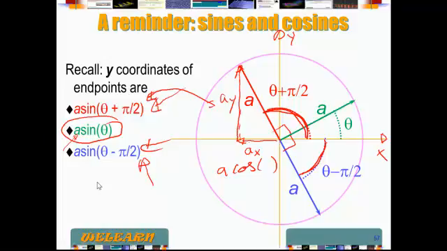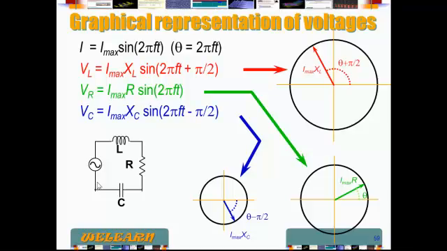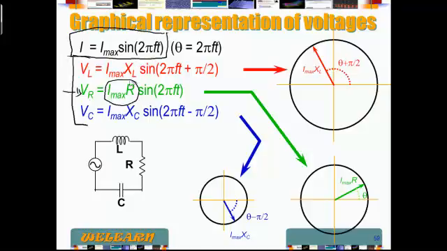Now, why did we have this review? That's because of the quantities that we use for RLC circuits. Consider these three voltages. The voltage across the resistance, which is in phase with the current, is given by VR max, which is R times I max, sine of 2 pi f t.